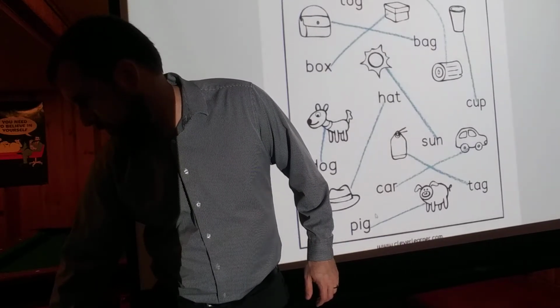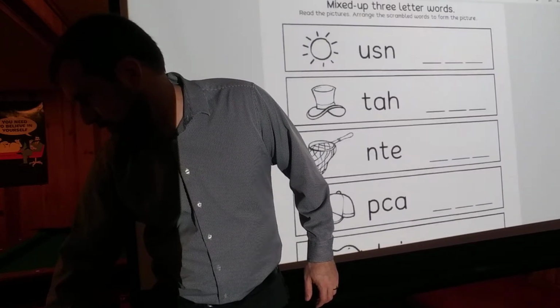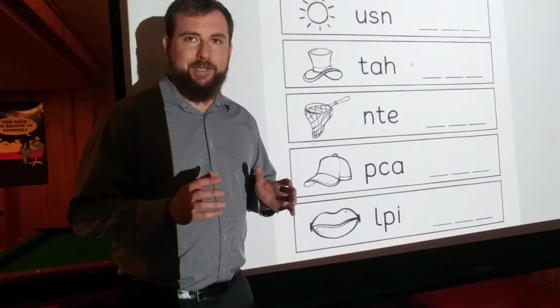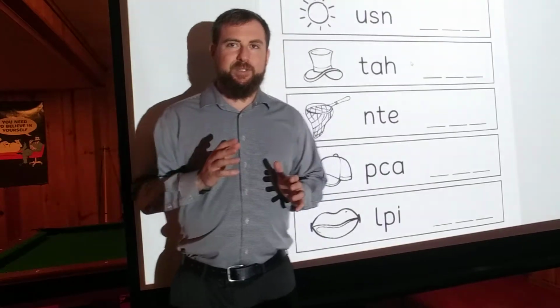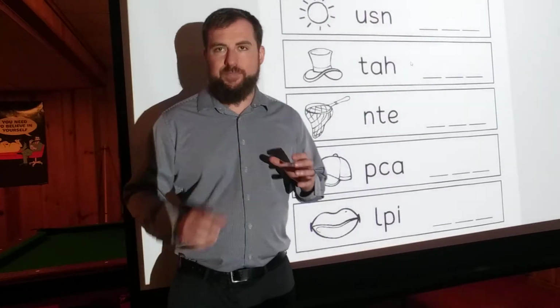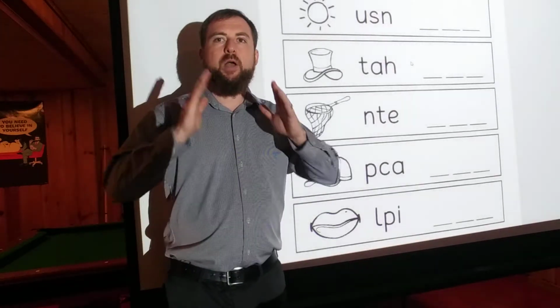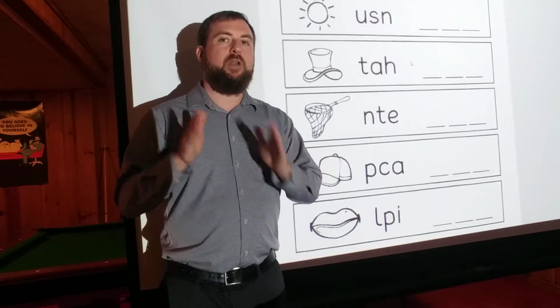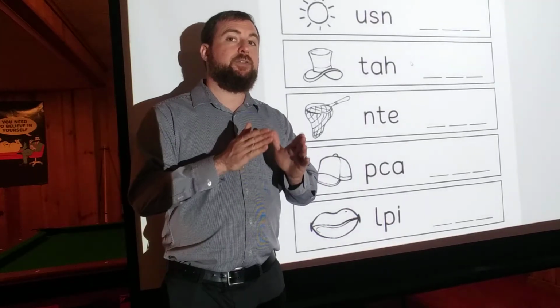There we go. All right. So next, we're getting a little more tricky here. Once we get the words, we play around with them. And we learn a little more. So now we're really going to think about what sound every letter makes and what order those letters will go in.